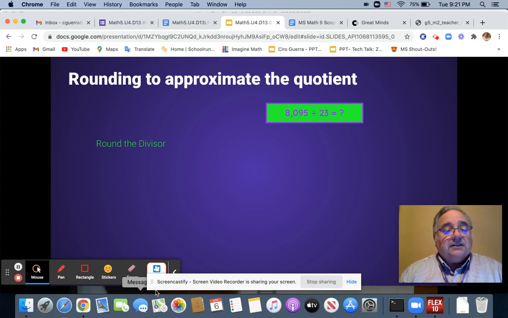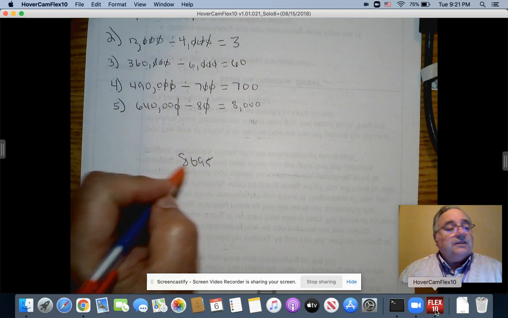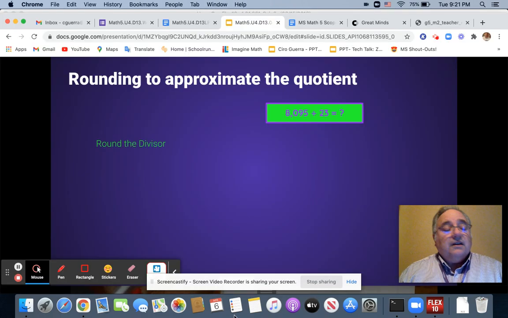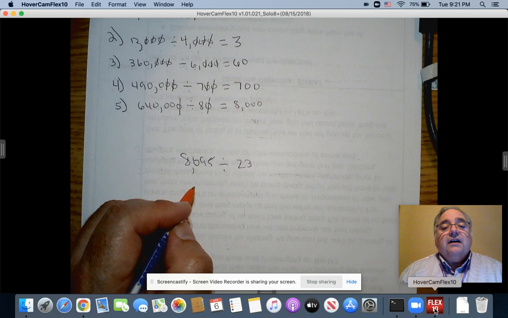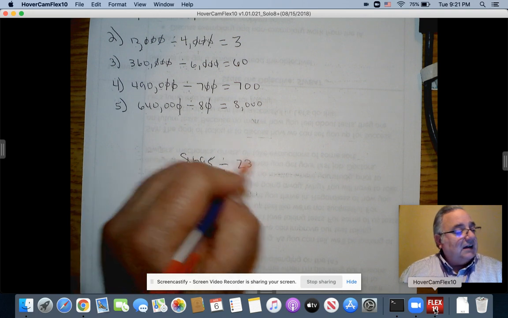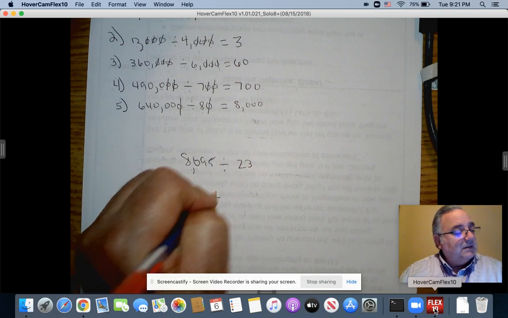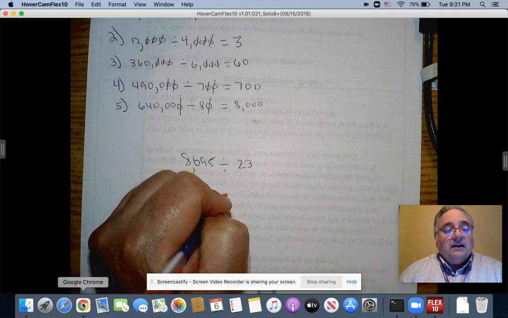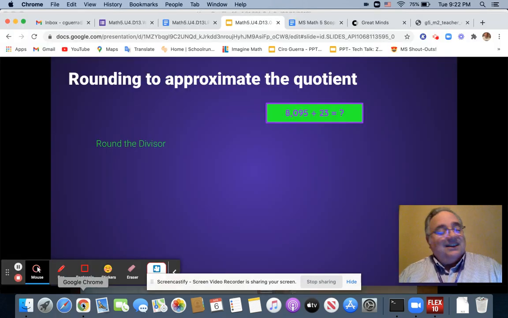Here we're going to get 8,095 divided by 23. How can I round this divisor? Excellent. Yes, you can round it to 20.